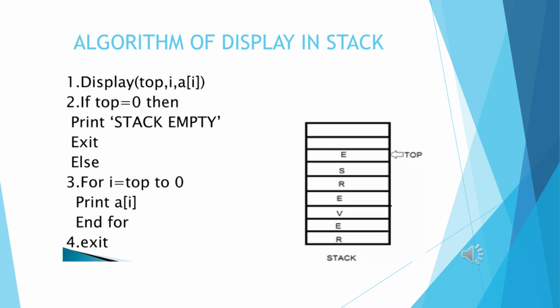If there are no elements in the stack, nothing can be displayed. So if top equals 0, or top equals -1, it prints the stack is empty and exits. Else, since the stack follows the last in first out concept, the top element is displayed first, until the top goes to 0, and then it exits the function.